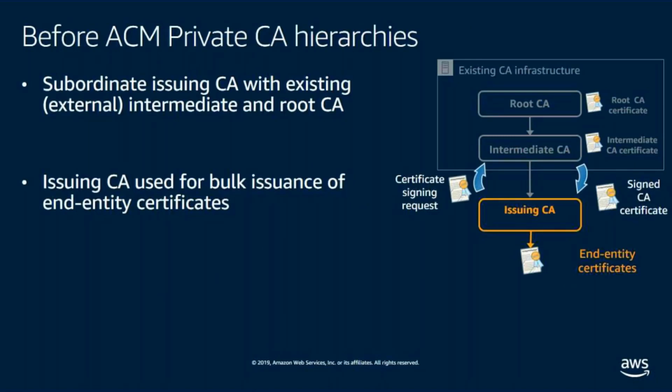And this diagram shows the process of generating a certificate signing request and taking it to an intermediate CA in your existing CA infrastructure. So prior to root CA hierarchies, this existing CA infrastructure was a required component that you had to have and you had to operate.